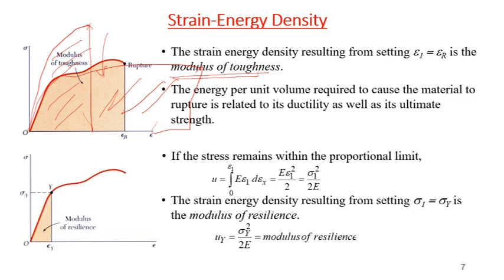If we limit ourselves to the proportional limit, then it is called the modulus of resilience. It means this amount of energy is required to cause yielding. So in order to yield the material, you need to put in this amount of energy. Usually when you are doing impact analysis or crash analysis, you deal with energy.